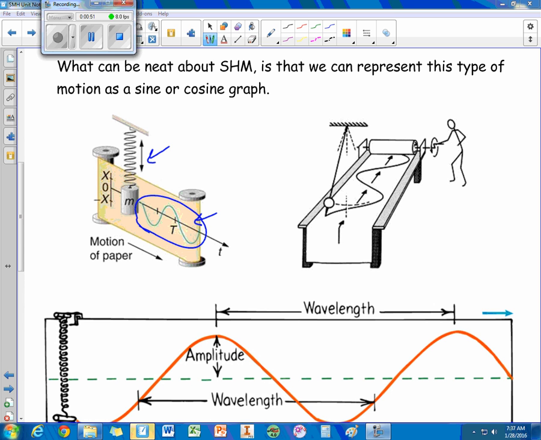Or if I have a pendulum moving back and forth, put a pencil on it, and then pull some paper out from underneath of it, notice how I get the same exact feature. So oscillatory motion, whether it's simple harmonic or mass spring, we can represent that with either sine or cosine graph.